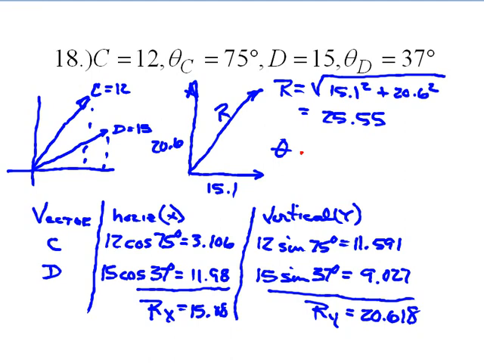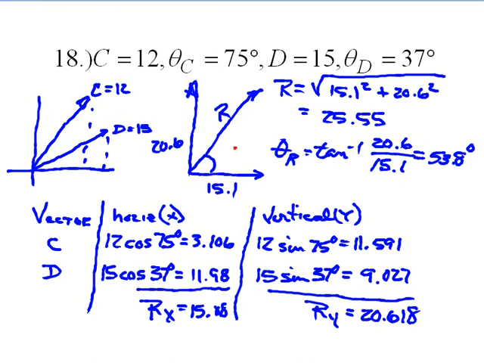Remember our theta equaled the tan minus 1 over the y value, 20.6, over the x value, 15.1. And that should give us 53.8 degrees.